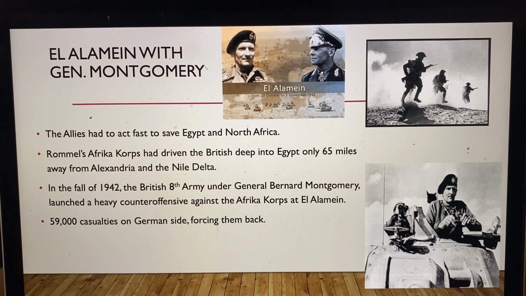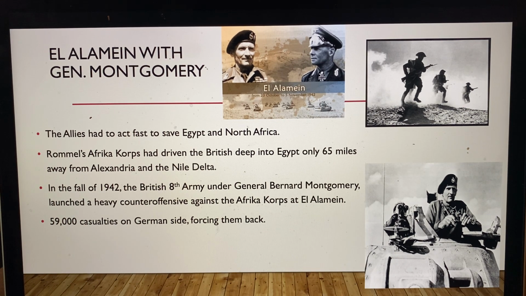Rommel's African Corps had driven the British deep into Egypt, and they were only 65 miles away from Alexandria in the Nile Delta. They're very close to the Nile. And Alexandria, being that beautiful African city, now was very close to being bombed and taken over by the Germans.